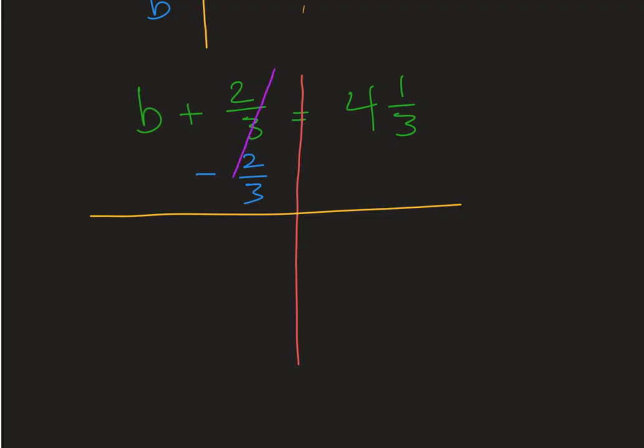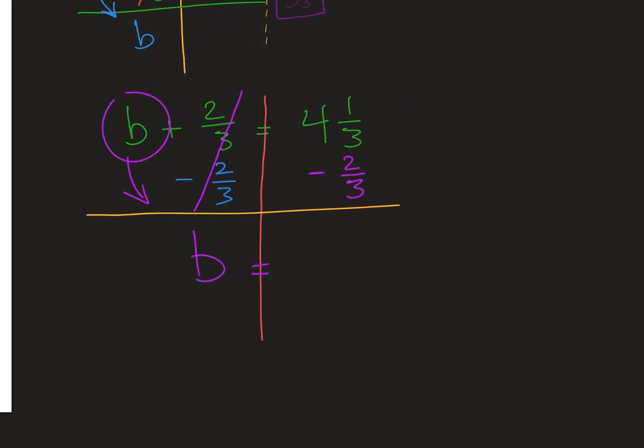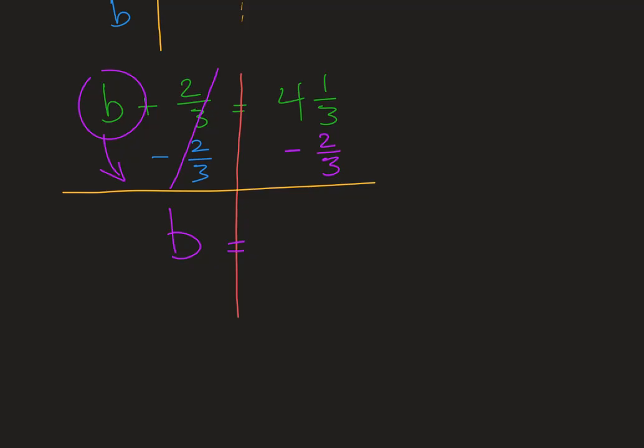Because that way, that is now gone, and b is by itself. Now, we have to subtract 2/3 over here. And honestly, guys, this part is the part that takes the most thinking, in my opinion, because 1/3 minus 2/3 is going to give you a negative number, and I think it's just going to mess with some of y'all.